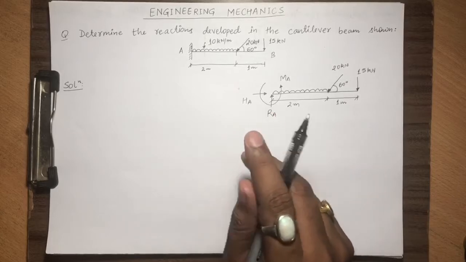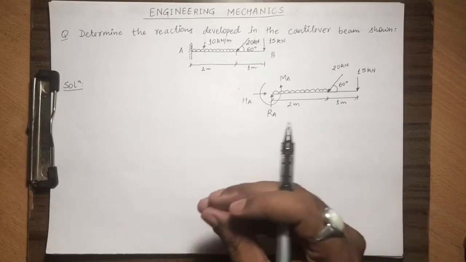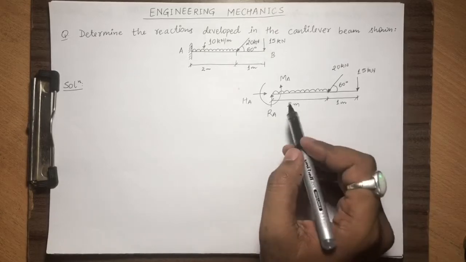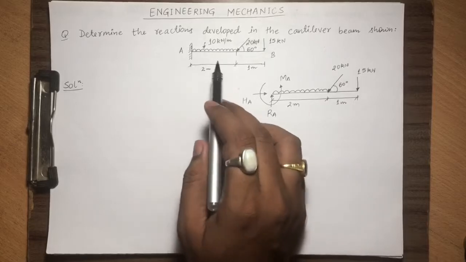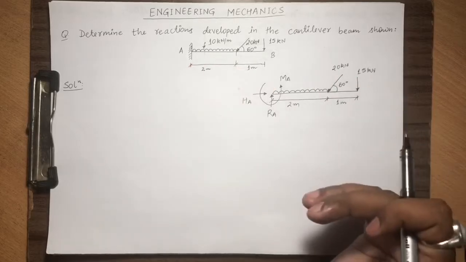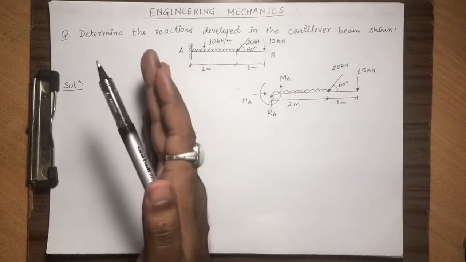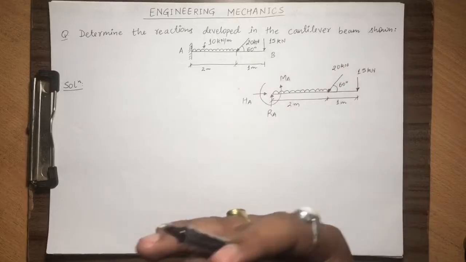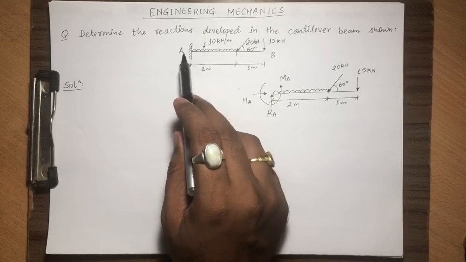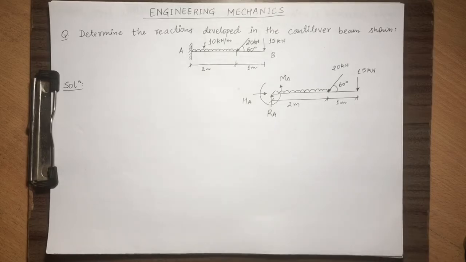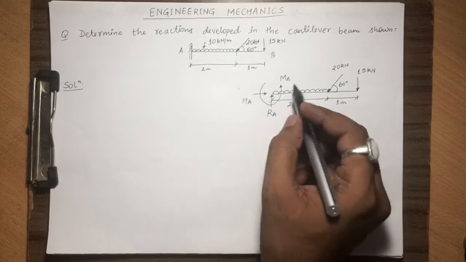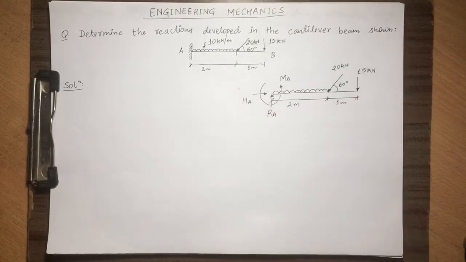Free body diagram is the diagram in which we are seeing the external effects on the body. Here we want to analyze the reactions on the beam, so we have isolated the beam from all the external effects. We have removed the support, so we will analyze the reactions which will come from support A. This support A is a fixed support, so three reactions, vertical reaction, horizontal reaction, and an internal moment, will develop.